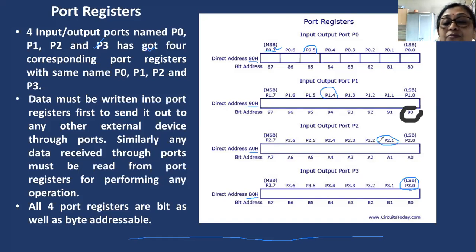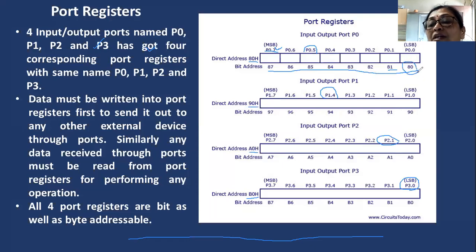Those are the addresses related to the bits. Bit number 0 has address 80 for port 0. Bit number 1 has address 81. So all these quantities show the address of the bit, and the 0th bit has address 80.